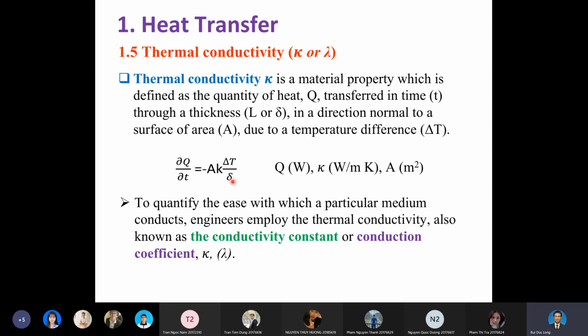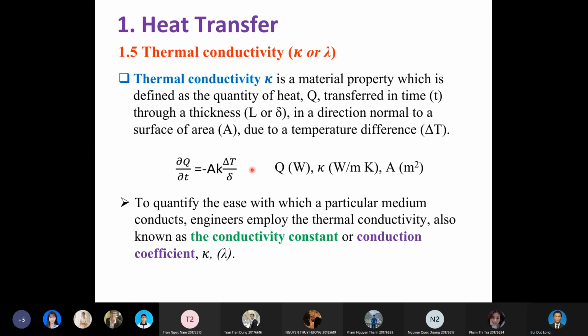But different materials have different behavior or ability to transfer heat. So we put here one constant, or one coefficient, which we call kappa. Here kappa represents the ability of different materials to transfer heat, so we call it thermal conductivity, kappa.